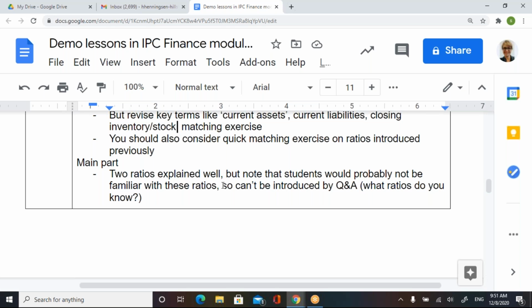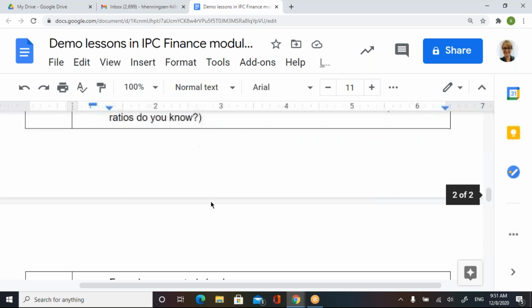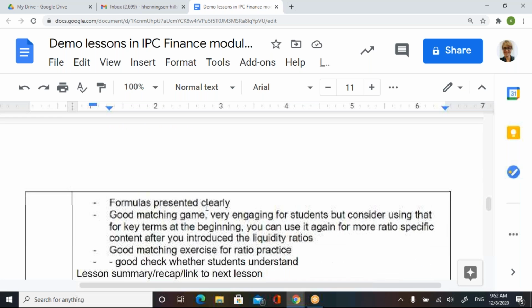So you can't actually introduce those by question and answer: what liquidity ratios do you know? Because as far as I understood, this was the first lesson on liquidity, so they wouldn't actually know these. So just bear that in mind when you introduce that here. You actually have to introduce them first before you can ask them about it.